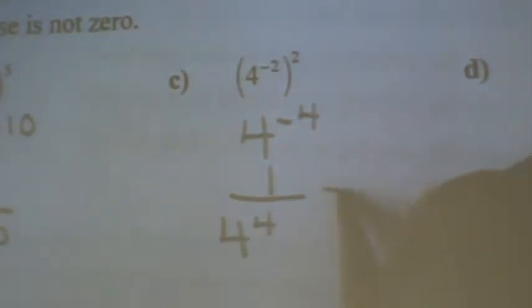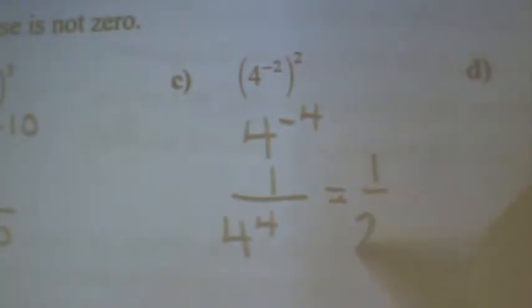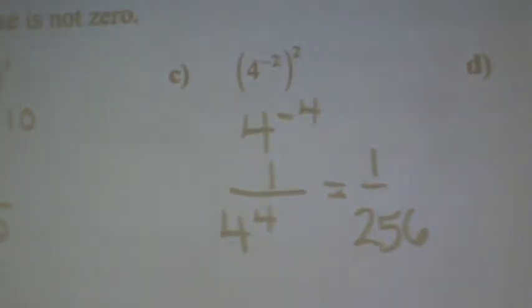What's 4 to the 4th power? 256. And D? It's y to the -15th or 1 over y to the 15th. Good?